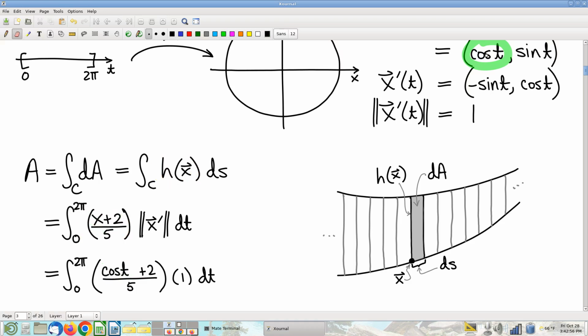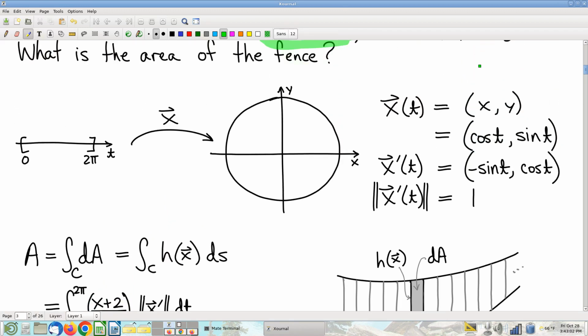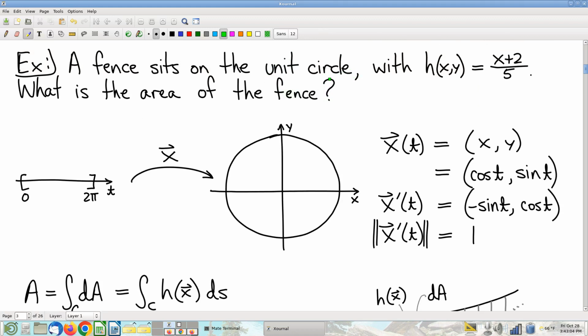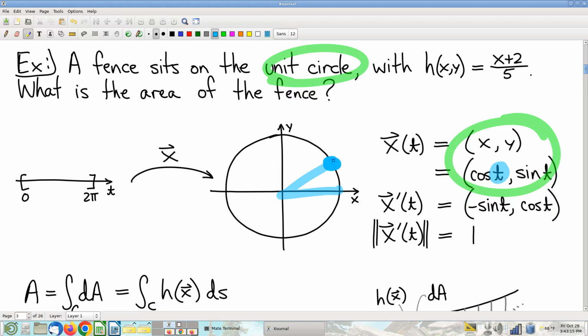Okay, what do you think? Yes. Oh, yeah, thank you. Right, so I do need to go all the way around the unit circle, where t here is kind of the angle that is a measurement of how far I've gone around, right?